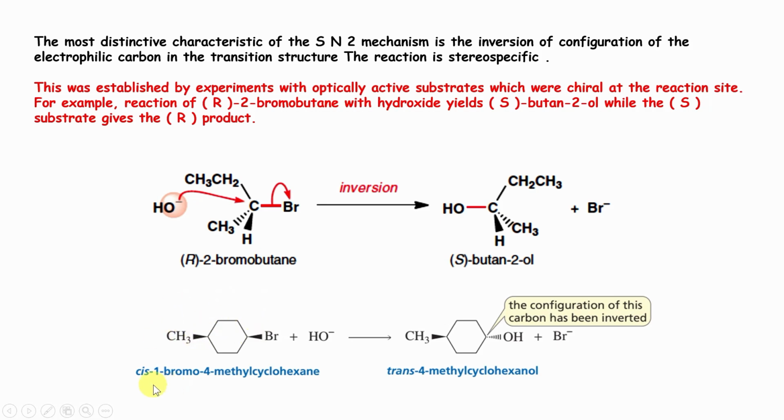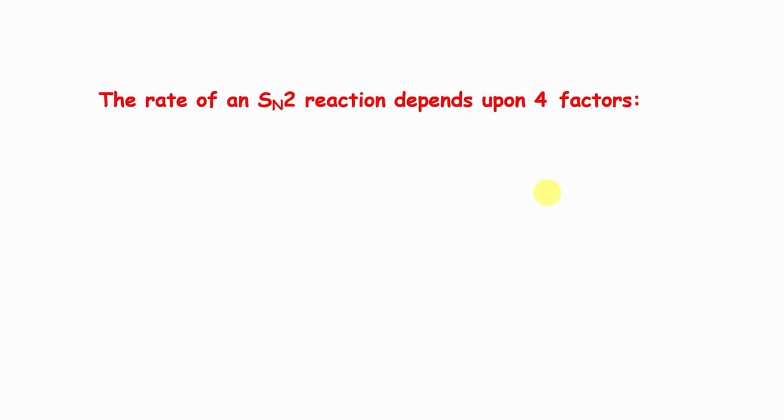Cis-1-bromo-4-methylcyclohexane, on nucleophilic substitution reaction with the OH negative ion, loses the bromide leaving group from this carbon atom and thereby forms trans-4-methylcyclohexanol. The configuration of this carbon has been inverted. Okay, that much about the stereochemistry of SN2 reaction.